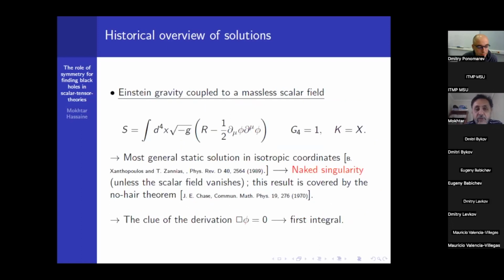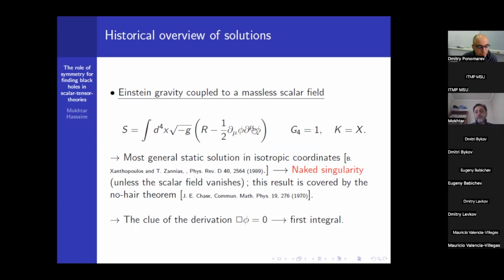Okay. So the first simple case that I'm going to consider is Einstein gravity coupled to a massless scalar field. In this case, it's very simple. It's Einstein gravity plus the standard kinetic term. This corresponds to Horndeski with G4 equal to 1 and K equal to X. This is the kinetic term.